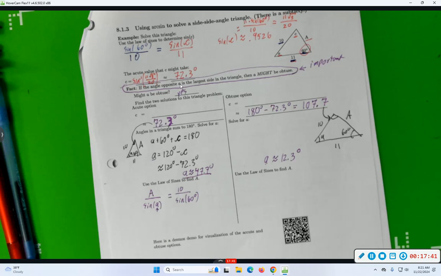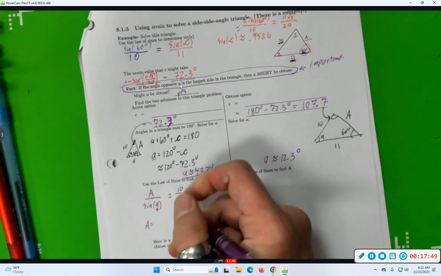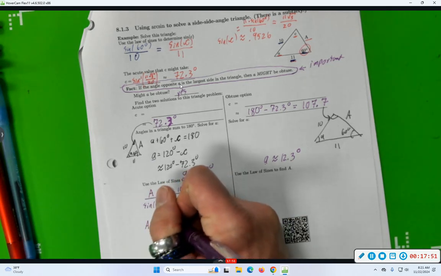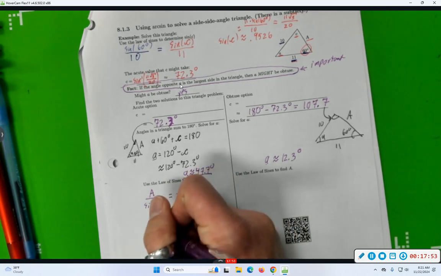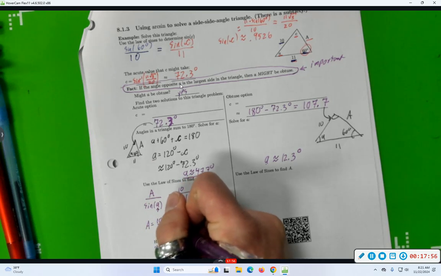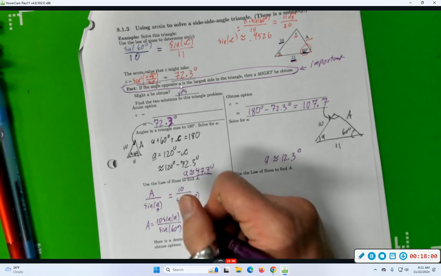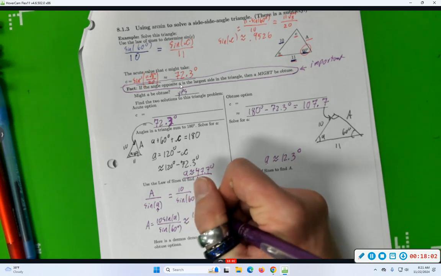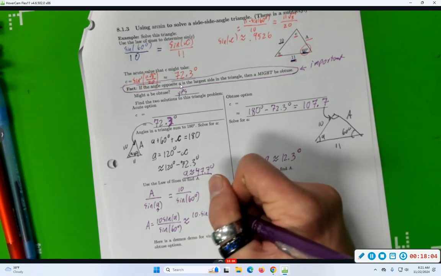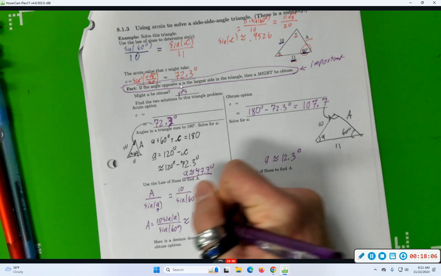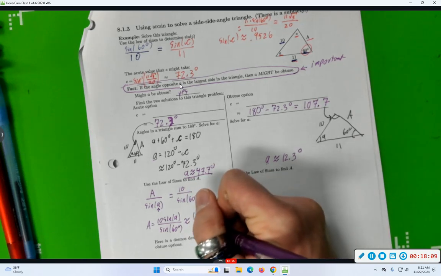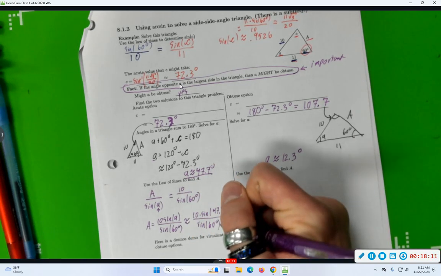Could you solve that for capital A? Yeah, you just need to multiply; the sine of the thing in the denominator needs to go on the other side. So A is 10 sine of little a divided by sine of 60 degrees. And I know what little a is approximately. It's 10 times the sine of 47.7 degrees divided by sine 60 degrees.